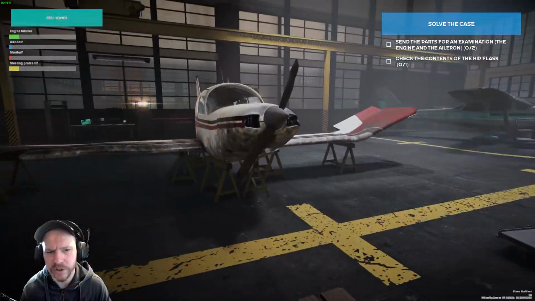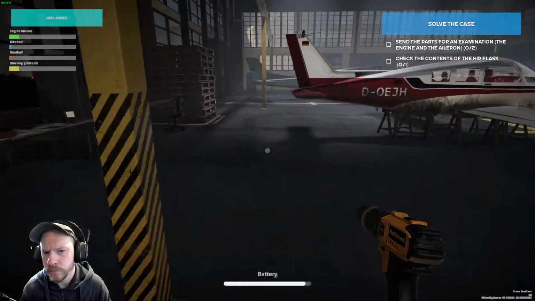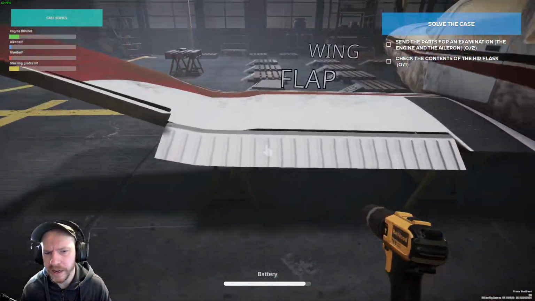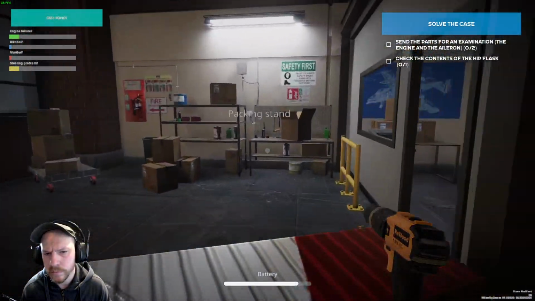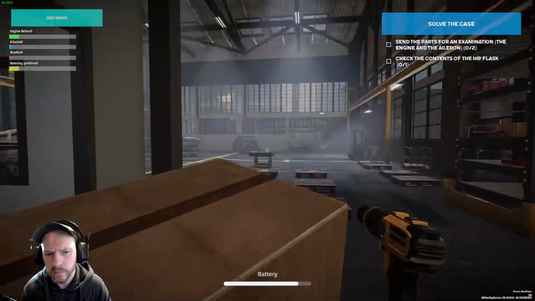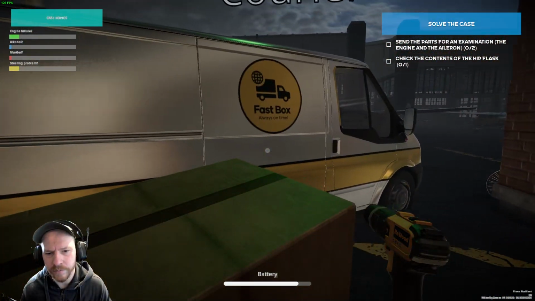So we need to remove the engine. We need the aileron. Then we need to remove the engine.